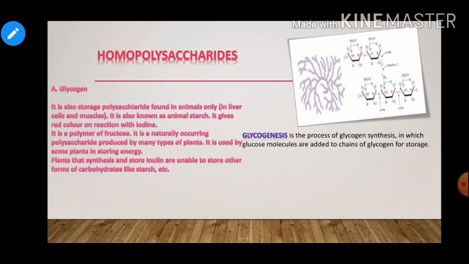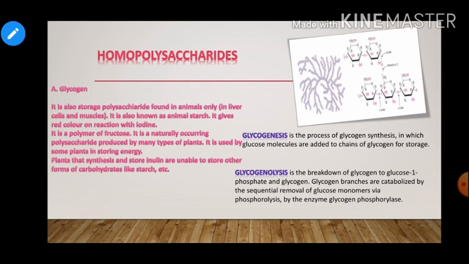Another important process is glycogenolysis, the breakdown of glycogen into glucose. In glycogenolysis there is sequential removal of glucose monomers by phosphorylation, by the enzyme glycogen phosphorylase, right? The liver of an adult human stores 0.91 kg of glycogen, so it is known as reserve food material.